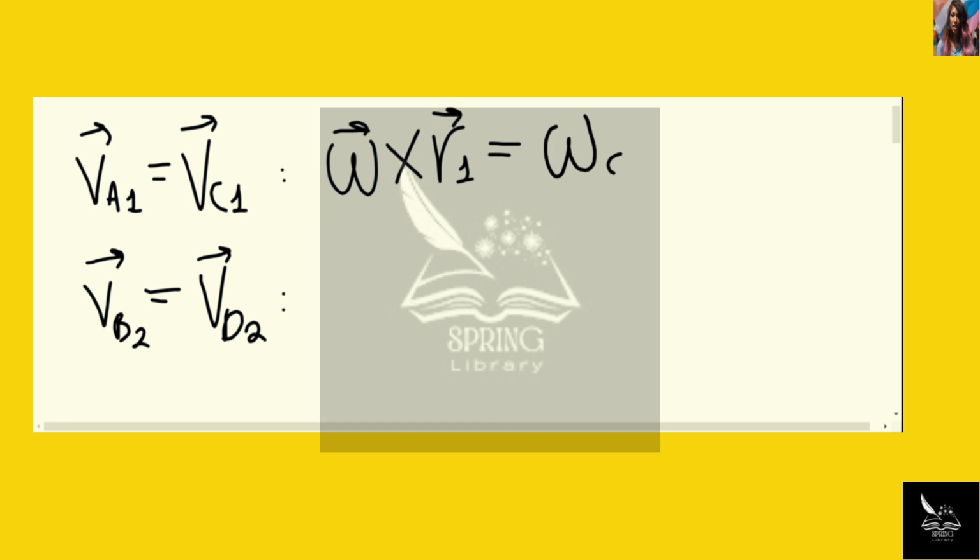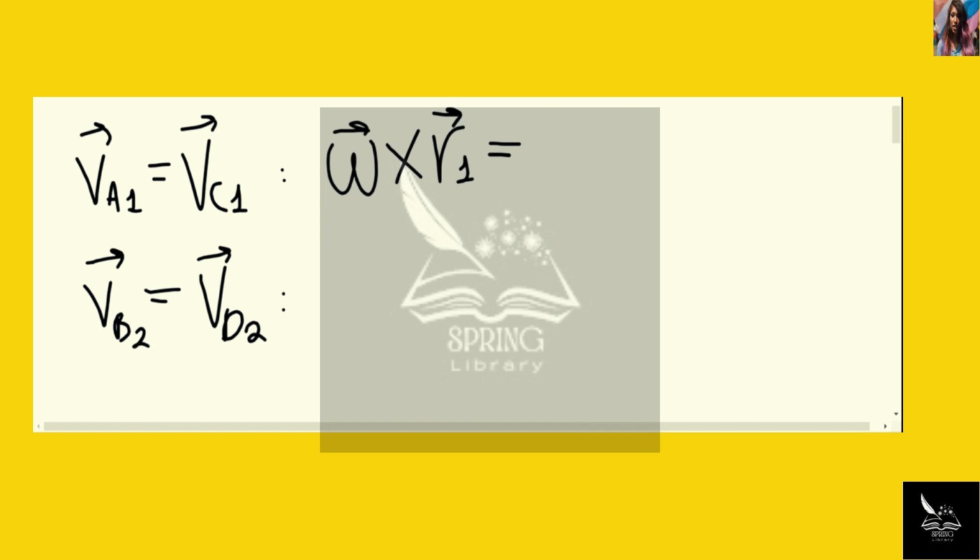The linear velocity of point 2 at the rim of gear B equals the linear velocity of point 2 at the rim of gear D. This is reasonable. Otherwise, the gears wouldn't move properly with respect to each other.